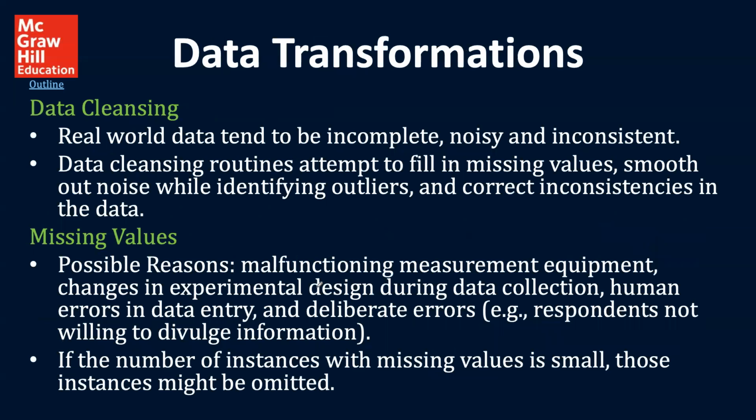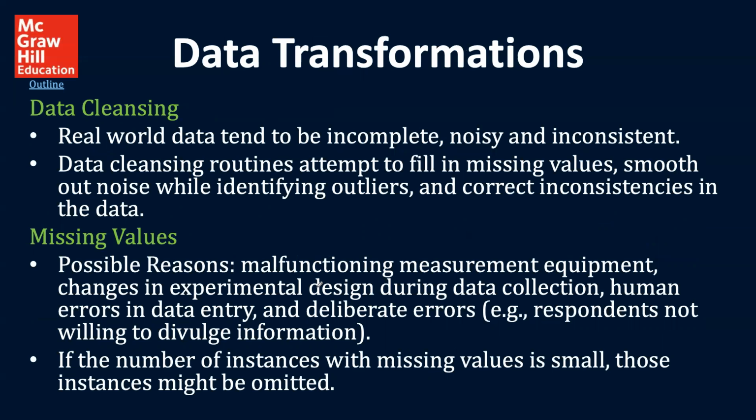For data cleaning, now we're getting into data transformations. Real world data tends to be incomplete, noisy, and inconsistent. Data cleansing routines attempt to fill in missing values, smooth out noise, while identifying outliers and correcting inconsistencies in the data.